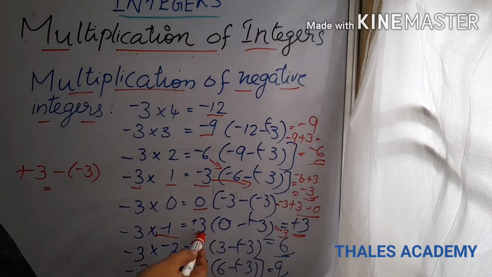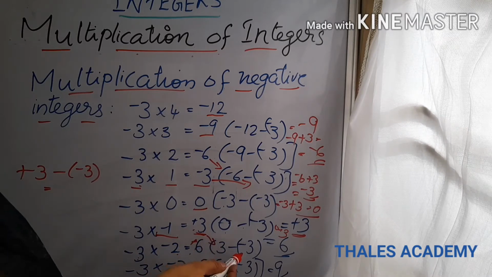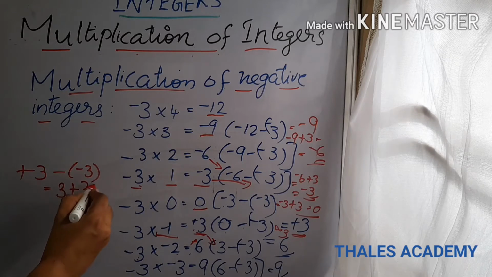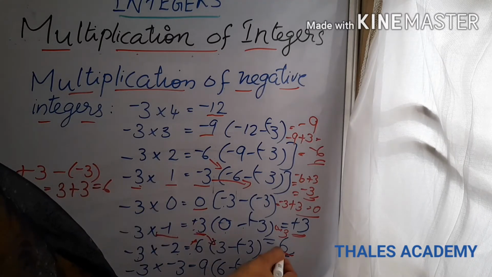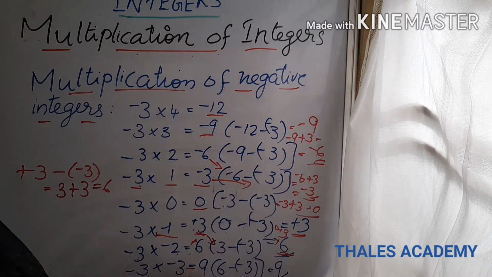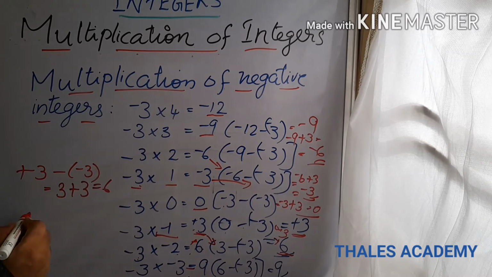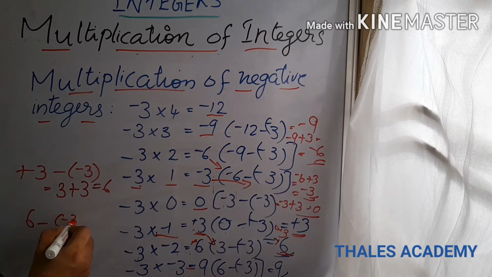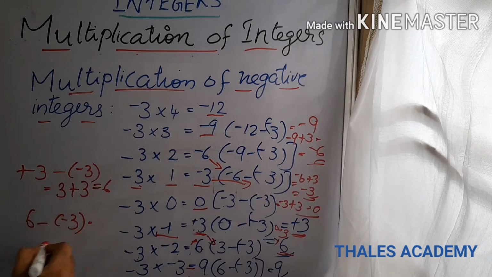That is 3 minus minus 3 equals 3 plus 3 equals 6. Here positive 6 is the answer. Minus 3 into minus 3 equals 9. That is 6 minus minus 3 equals 6 plus 3 equals 9.